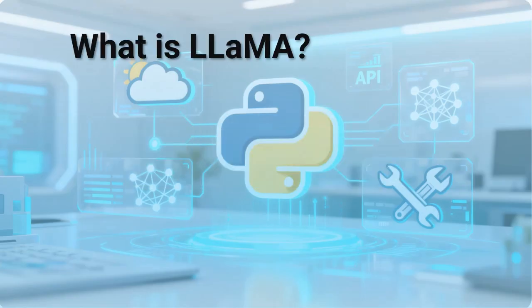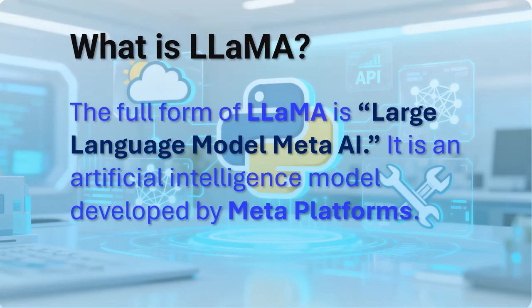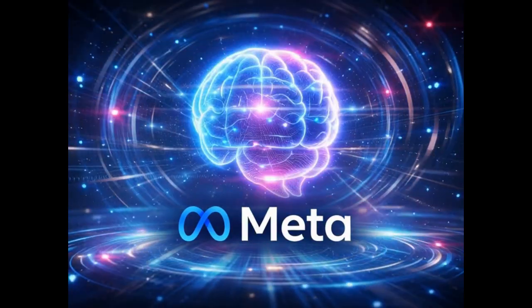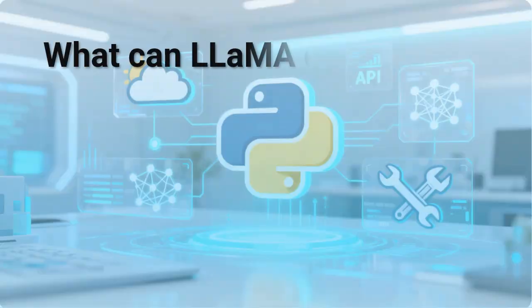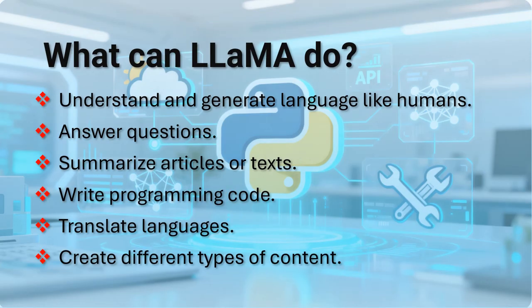What is Llama? The full form of Llama is Large Language Model Meta AI. It is an artificial intelligence model developed by Meta Platforms. What can Llama do? This artificial intelligence model is capable of understanding and generating language in a way that is very similar to how humans communicate.